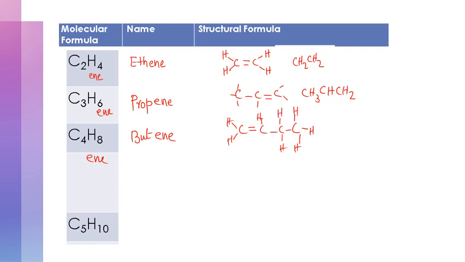And now if there are 5 carbons, pent is the prefix, and 5 times 2 is 10, so the ending should be ene. So that is pentene.